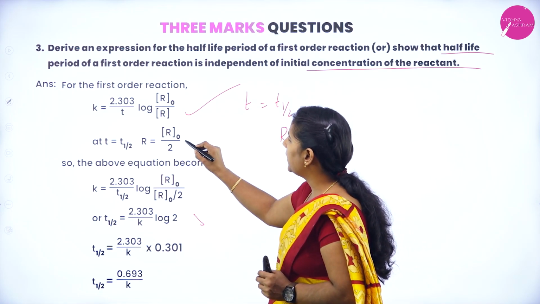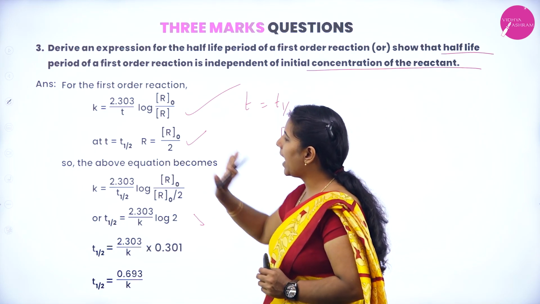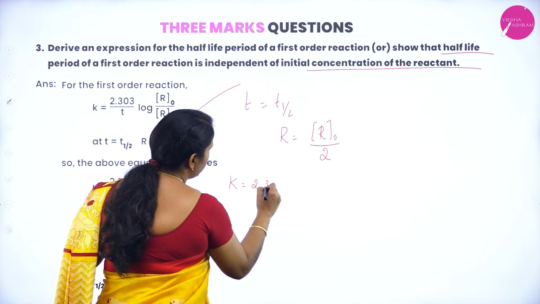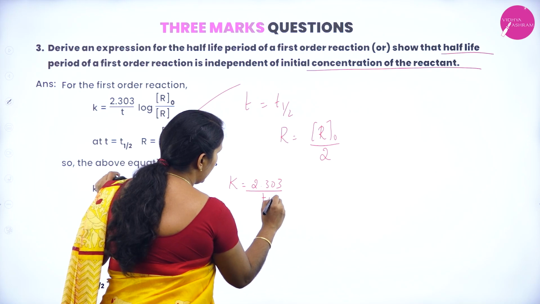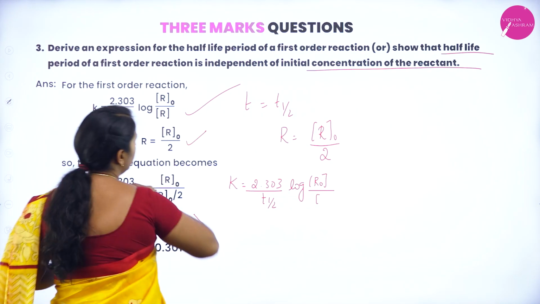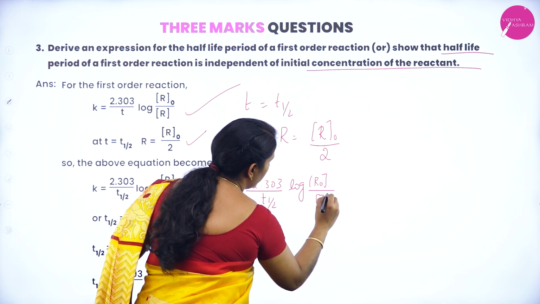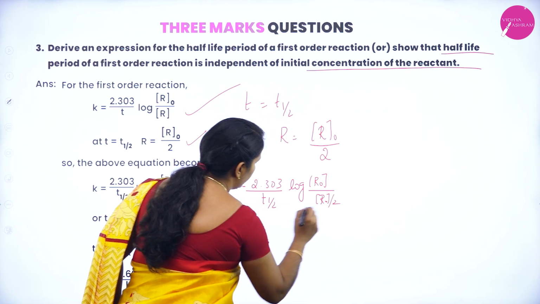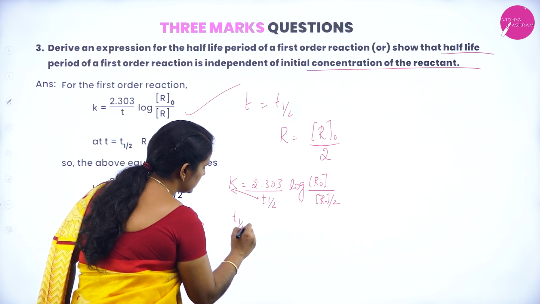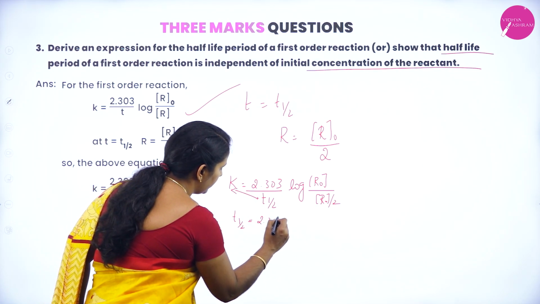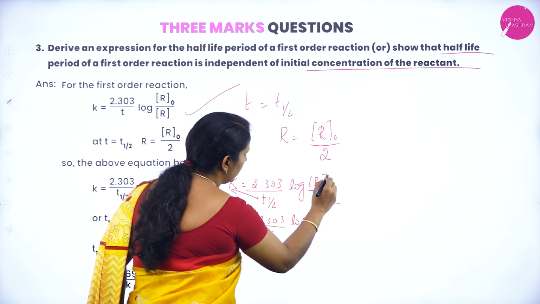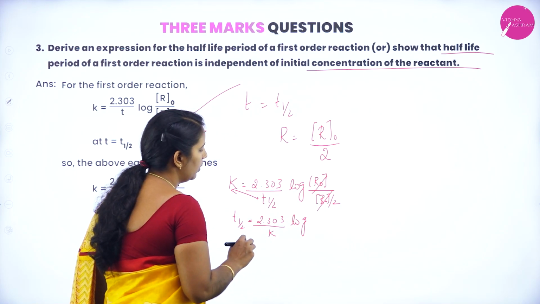Now, I rearrange the above equation. What will happen? K is equal to 2.303 divided by T half into log of R naught divided by R naught by 2. Now I just rearrange this. T half is equal to 2.303 divided by K into log of R naught by R naught by 2, where R naught will cancel.